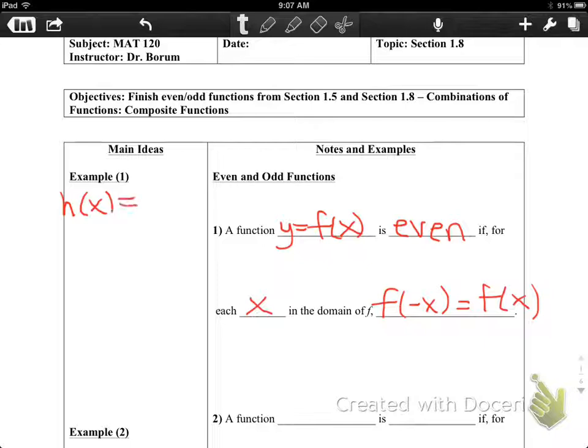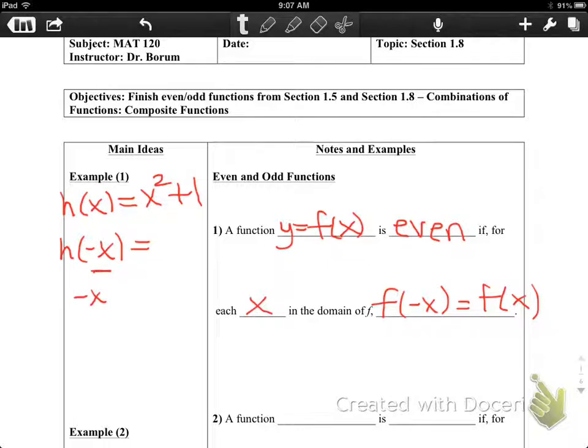let h of x equal x squared plus 1. If this function is even, first we need to evaluate it. To find out if it's even, I should say, we need to evaluate h of negative x. Again, remember the function is a machine. For every input you get an output. Whatever input you put in, in this case negative x, this function squares that input and adds 1.